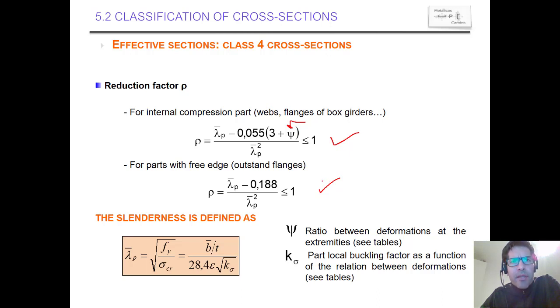So what is lambda? Lambda p with a bar equals the square root of fy over the elastic critical buckling stress.